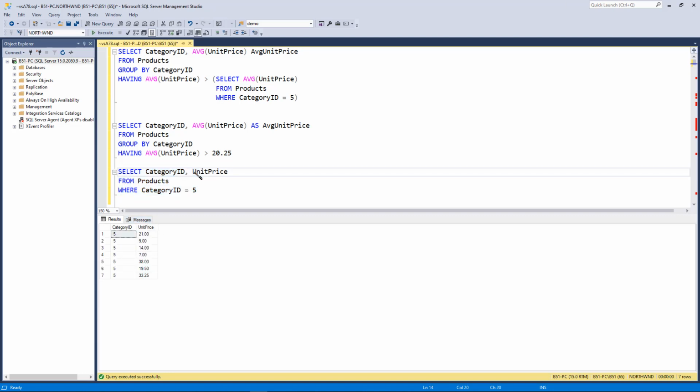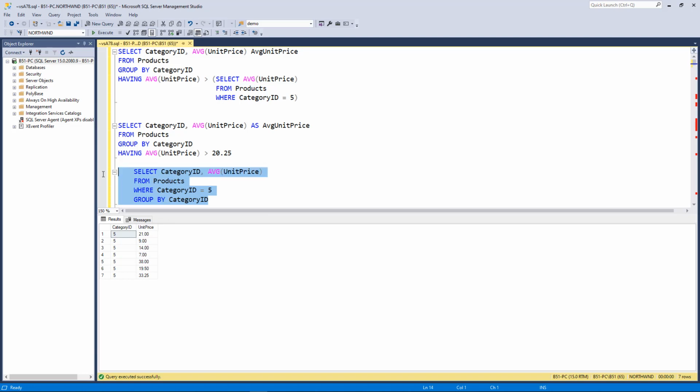For this, I want to use an aggregate function. It means I want the average of the unit price. Let's do GROUP BY the category ID. What we get is the average of all these values.